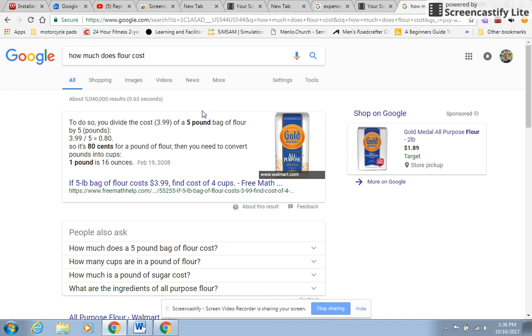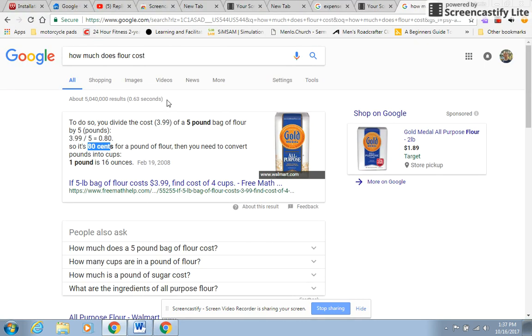It says a 5-pound bag of flour is $4. And so since you're probably going to have to buy the bag, you can't buy a smaller quantity, you're going to actually put the $3.99. But they then talk about that if there were 5 pounds and you wanted to know how much each pound costs, you would divide the $3.99 by 5 to figure out that it's 80 cents you're paying for each pound of flour.